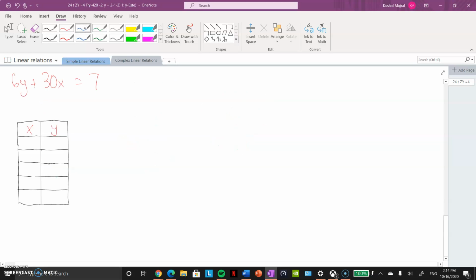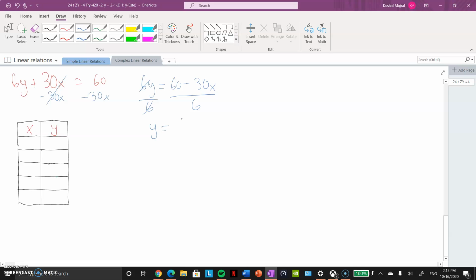Okay, so here's another question. We're going to take away 30x from both sides because we want y to be completely by itself. So 6y equals 7 minus 30x. Actually, let me change 7 to 60, just so the whole process is a bit smoother. 60 minus 30x. So we're going to divide both sides by 6.